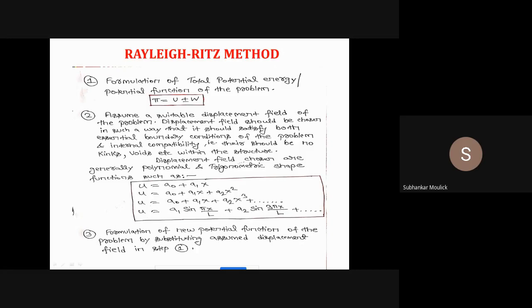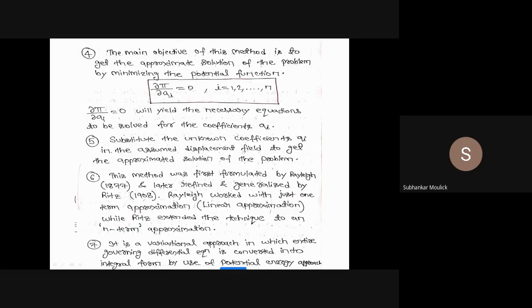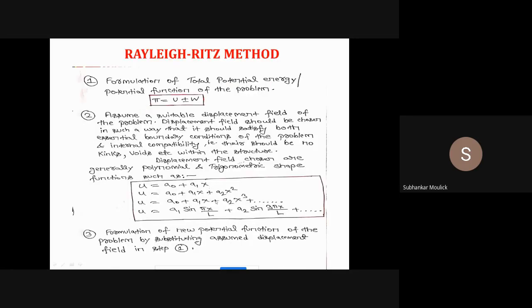The objective of the Rayleigh-Ritz method is to minimize the modified potential function. How can you minimize it? You have to take the partial derivative of the modified potential function with respect to the unknown constants present in the assumed displacement field.